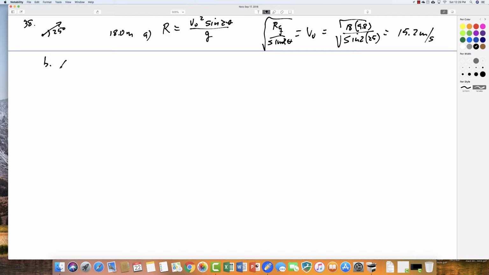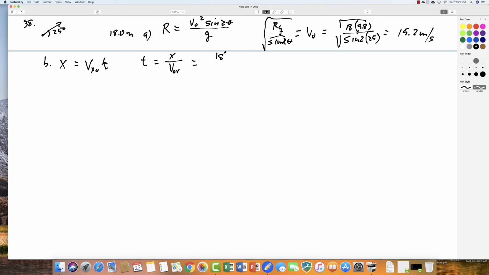And the easiest way to do the flight time is to realize that the horizontal distance is equal to the x component of the initial velocity times the time, because there's nothing acting on that x component to slow it down. So that means that the time is going to equal the x distance divided by the x component of the initial velocity.